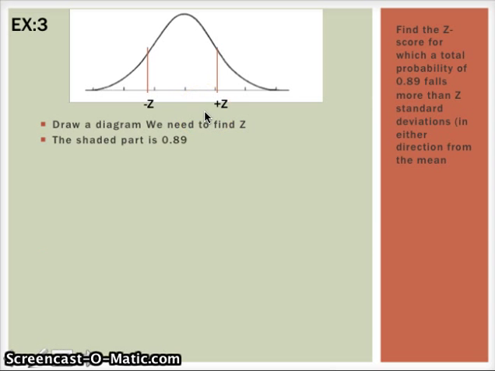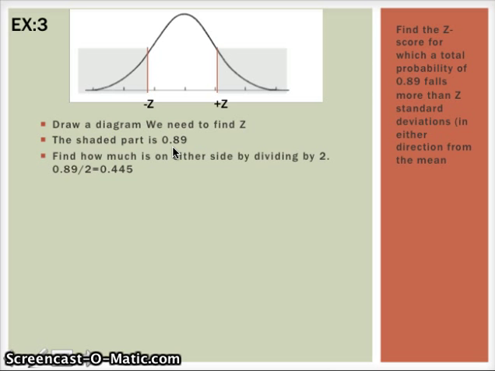The part that's shaded here is the part that is 0.89. They're telling us that 0.89 falls more than z standard deviations in either direction, so these two pieces on the side are what is 0.89. If we divide 0.89 in half, we can find how much is on either side of the z. When we divide 0.89 in half, each half here is 0.445.